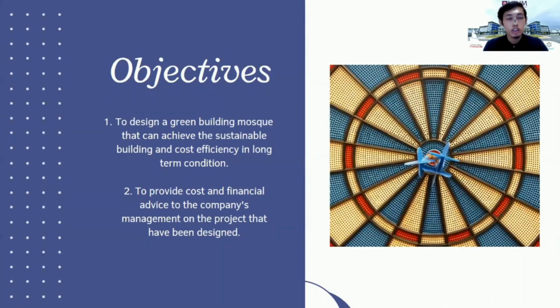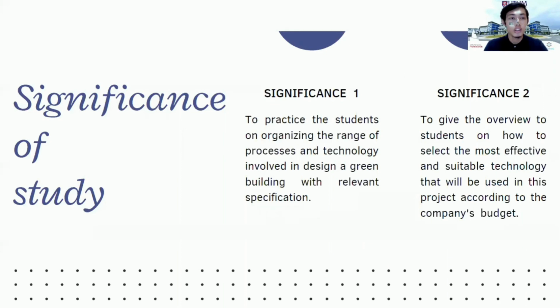Next, the objective of this project is to design a green building mosque that can achieve sustainable building and cost efficiency in the long term. Second, to provide cost and financial advice to the company management on the project that has been designed. Next, significance of study. There are two significances of study.